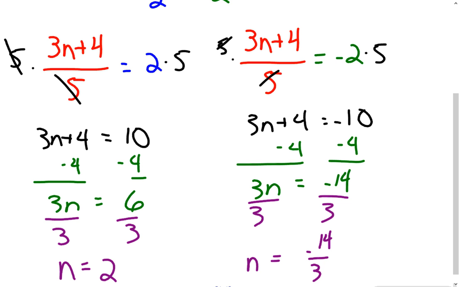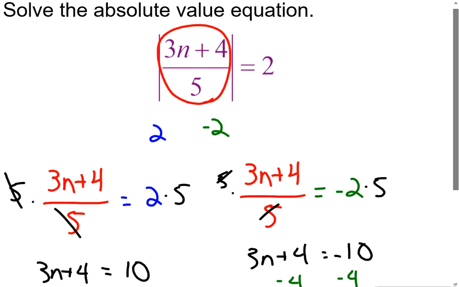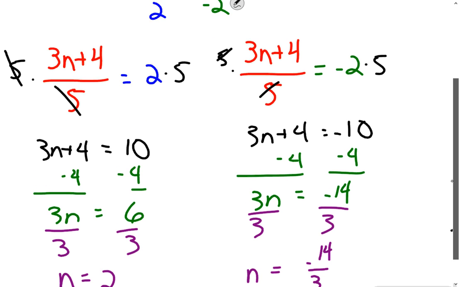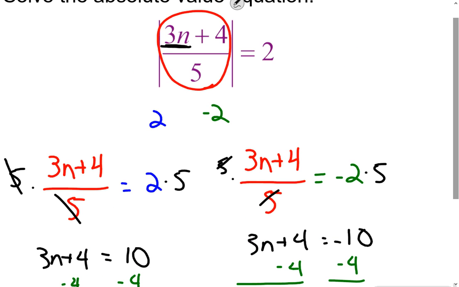Does this one really work? So I'm going to come up here. Well, if I put negative 14 thirds in right away, I first have to multiply negative 14 thirds times 3. Well, think about that. I have a 3 in the numerator, and my solution has a 3 in the denominator. They're going to divide out. So this first part that I have underlined in black is now negative 14.